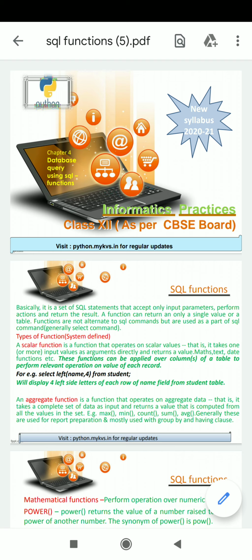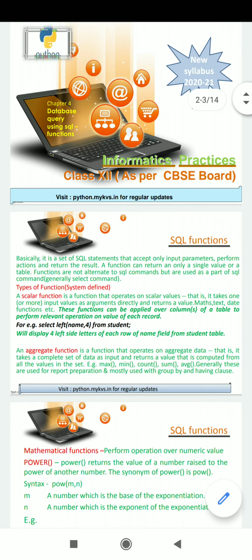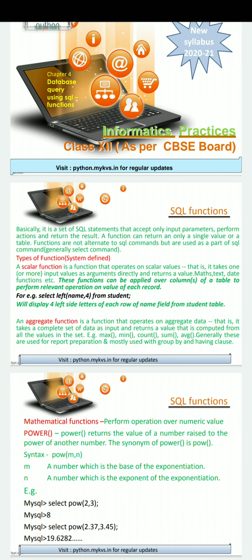Suppose in this example we have a student table with a name column. It will return the left 4 characters from the name column of all the students. An aggregate function is a function which requires multiple values.